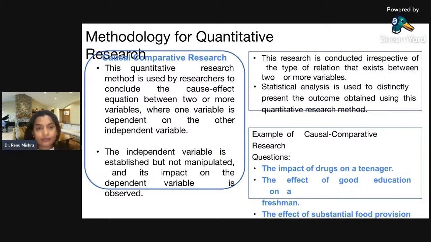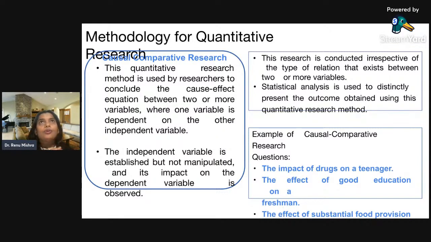What kind of variance is being caused by one in another. Now, when you conduct this kind of research, irrespective of the extent they are related, we are trying to understand how much variation is caused in another variable.